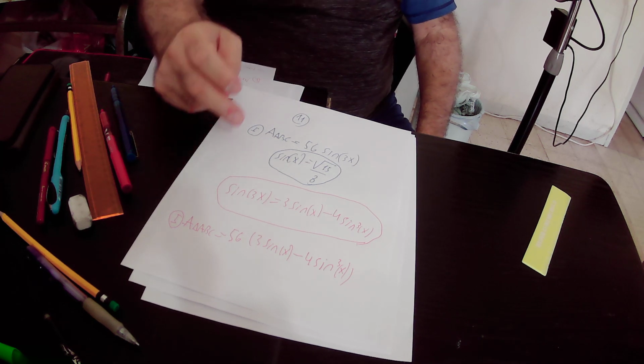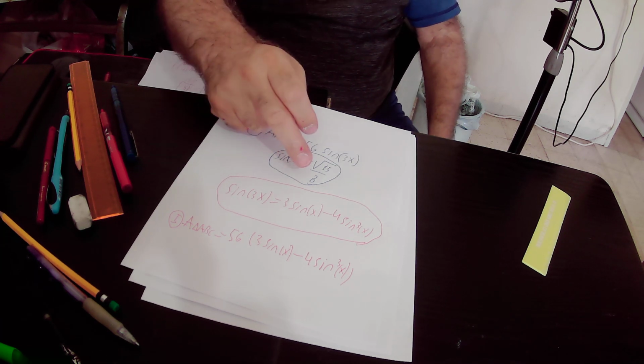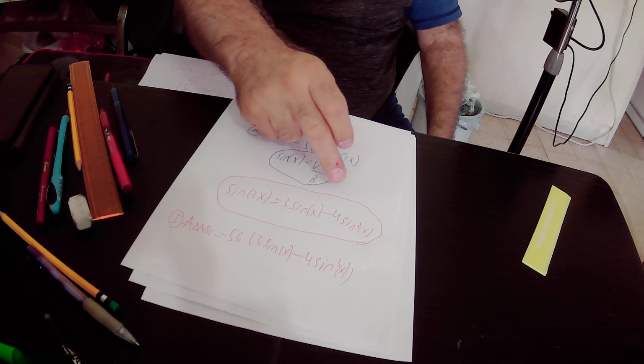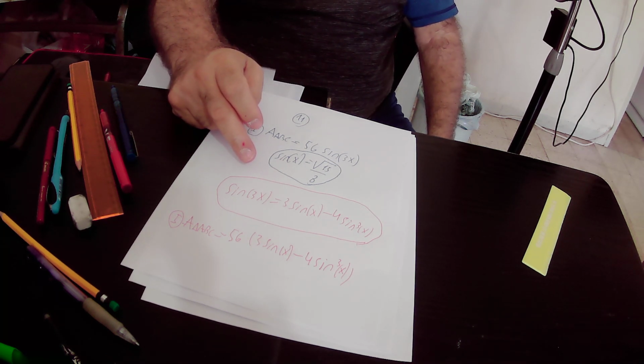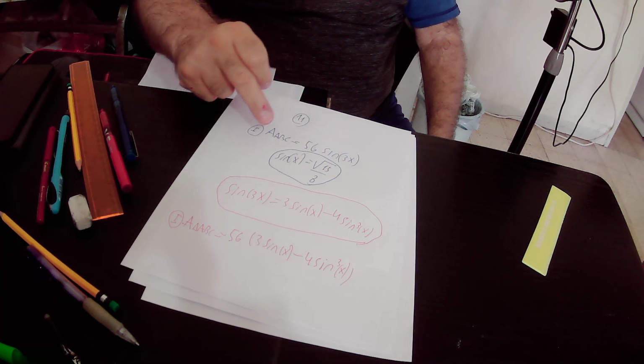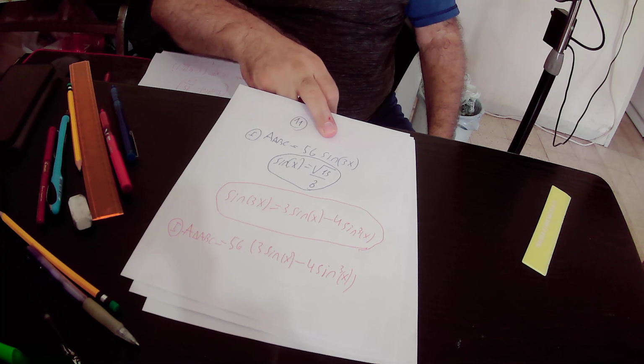And I presented to you a new trigonometric identity that states that sine 3x equals 3 sine x minus 4 sine cube x. So we can use this identity, and we substitute this expression for sine 3x in equation number 1.